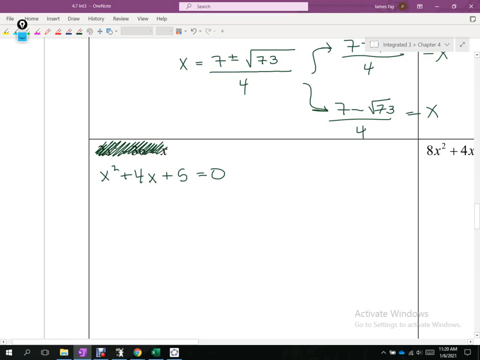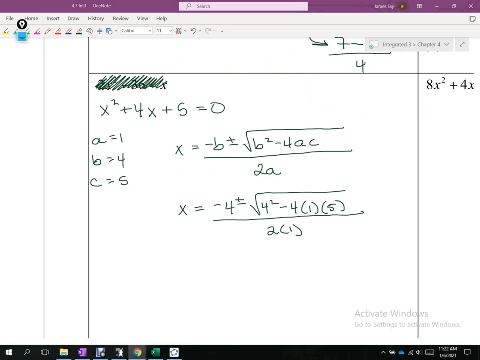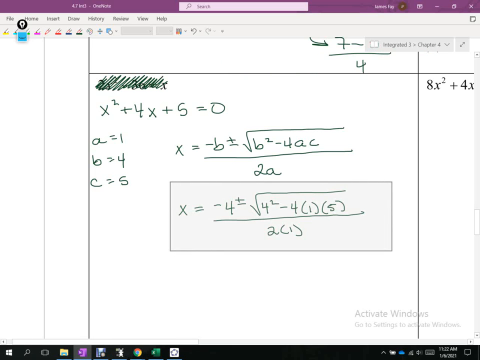I want you guys to run through, find A, B, and C, plug in, start evaluating, and then in about 3 minutes we'll come back together and see where we're all at. Just before you get too far, does everybody have that when we substitute? Negative 4 plus or minus square root of 4 squared minus 4 times 1 times 5, all over 2 times 1. Okay.